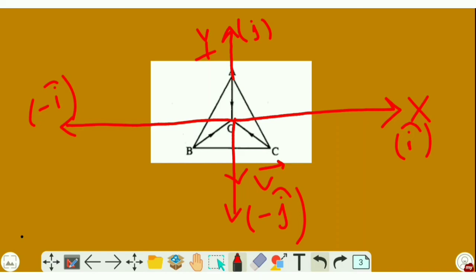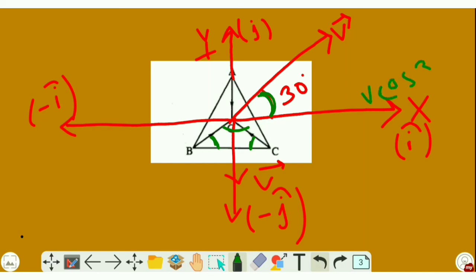Now when the path is B to G, this is v vector, this is 30 degrees. And how is it 30 degrees? This is 120 degrees and they are equal in magnitude, so this angle and this angle are the same, so this is 30 degrees. So this is v cos 30 degrees along that direction, and along the y direction this is v sin 30 degrees.